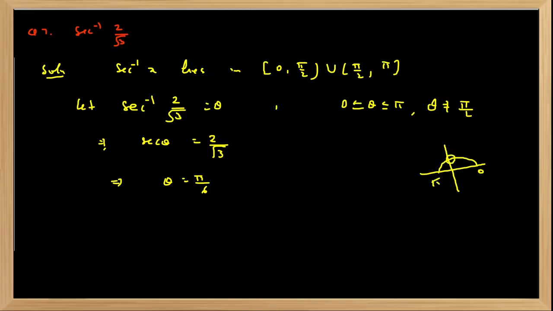It is positive, so sec theta positive in 0 to pi, excluding π/2, will be in the first quadrant, and its value is π/6. So sec inverse 2/√3 is π/6.